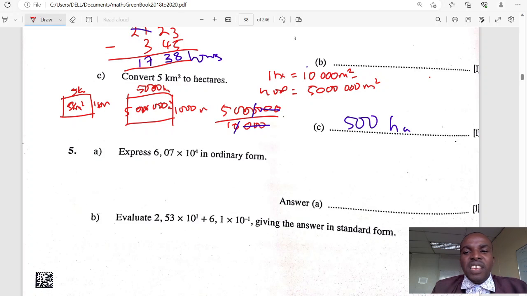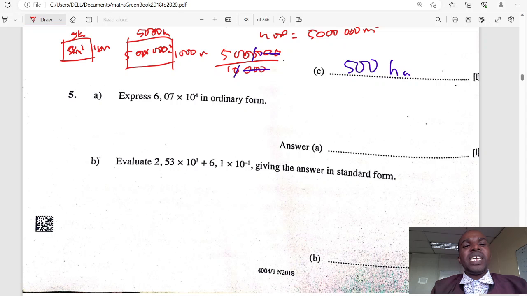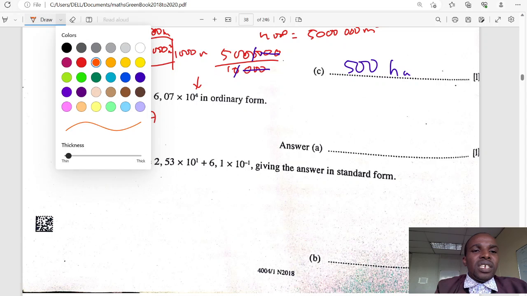Question number 5, it reads, express 6.07 times 10 to the power 4 in ordinary form. The 4 represents the number of decimal places that the comma is supposed to jump, right? So in this case, the power 4, you count going to the right side.